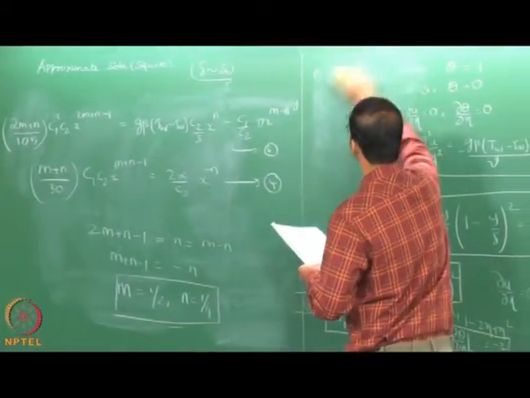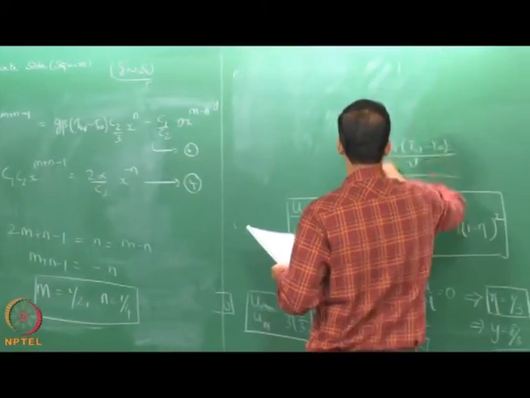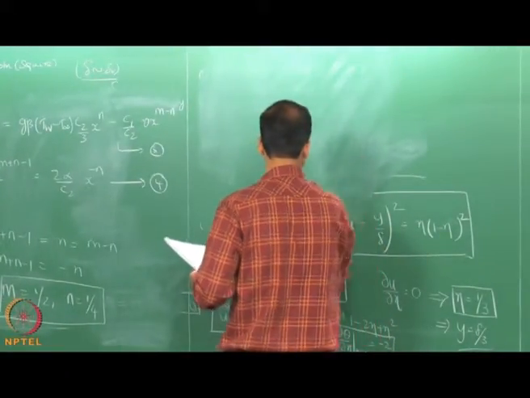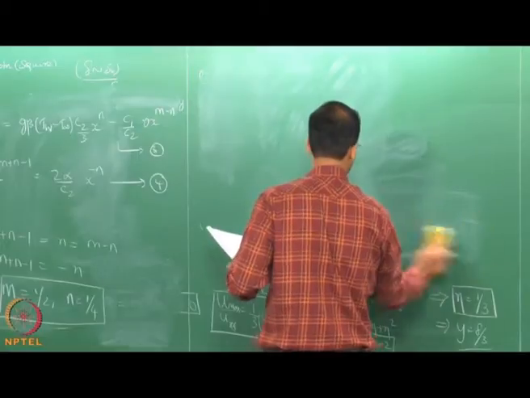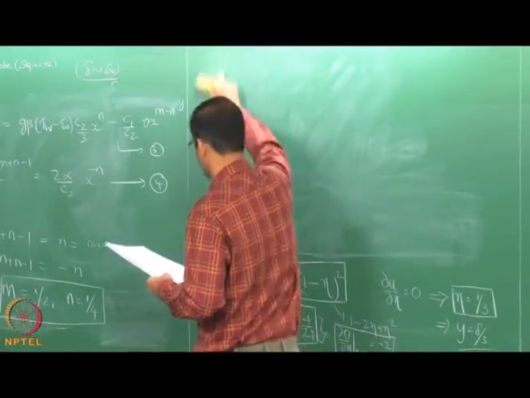so can you please quickly calculate, if you substitute m equal to half, n equal to 1 by 4, how does equation 3 reduce to?